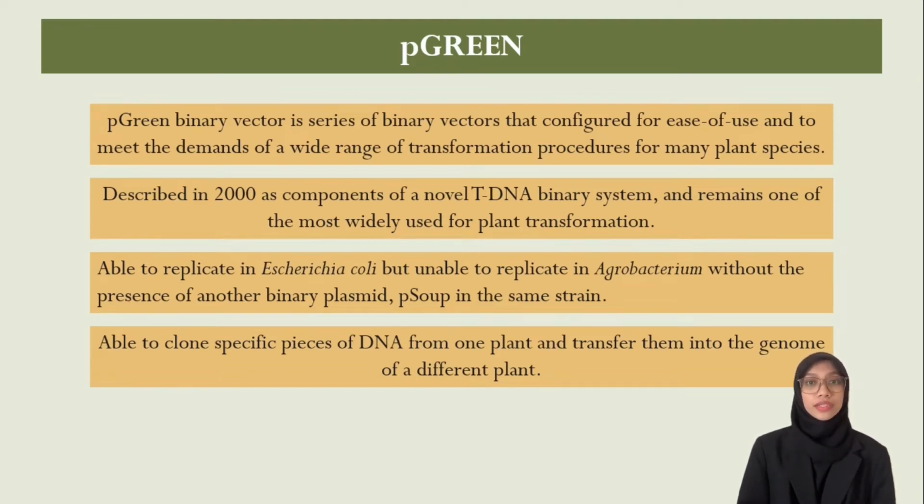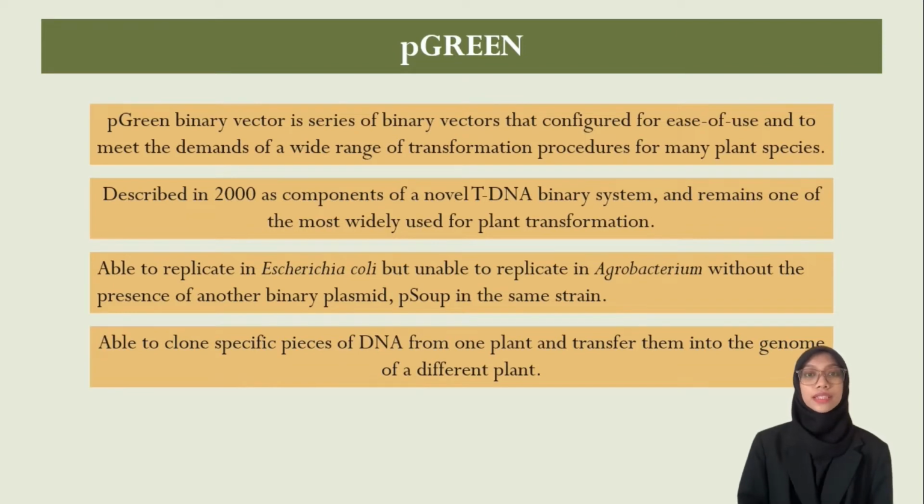This binary vector is able to clone specific pieces of DNA from one plant and transfer them into the genome of a different plant. This produces a genetically modified plant in a process known as agrobacterium-mediated plant transformation.